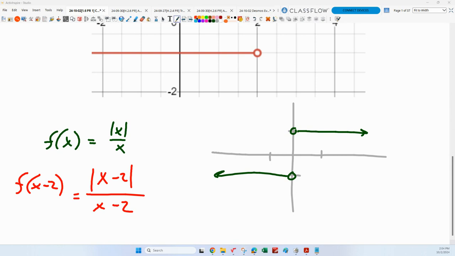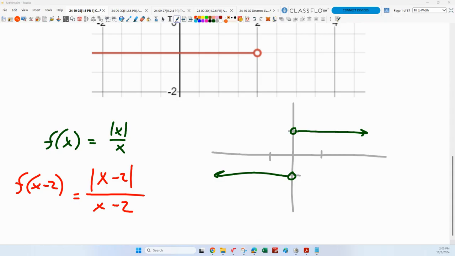Because the green function says whatever I'm putting in for f, I'm taking its absolute value in the numerator, and it is represented without an absolute value in the denominator. So if that thing is an x minus 2, then isn't this just f of x minus 2? Okay, so how is the graph of f of x minus 2 transformed from f of x, in general?